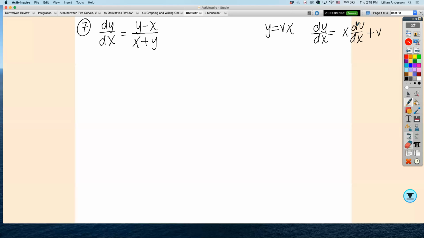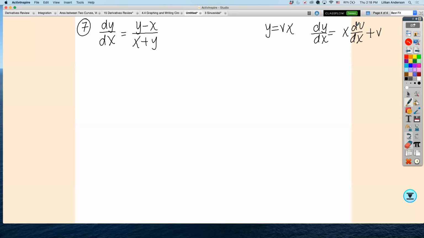If you're taking the derivative of this, then the first times the derivative of the second, which is just v, and then the second times the derivative of the first, which would be x dv over dx. Well, I should explain it better. I substituted vx for y into that equation.